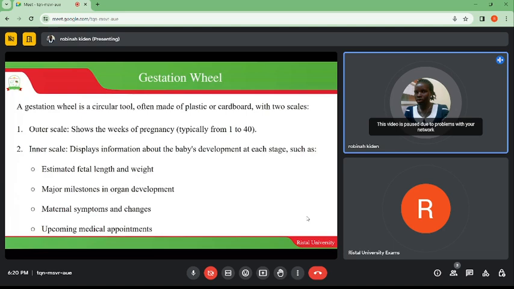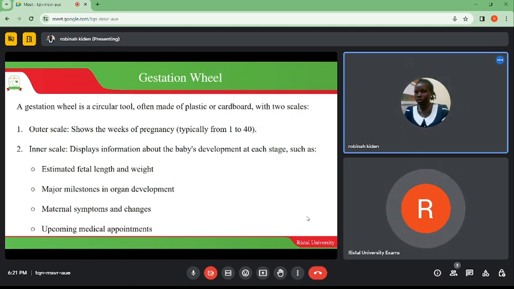When the mother is experiencing certain changes in her body, like nausea, you check if she is, for instance, in the 8th week and she experiences nausea or vomiting, we don't say that she is weak. Why? Because this is expected during that time of pregnancy.